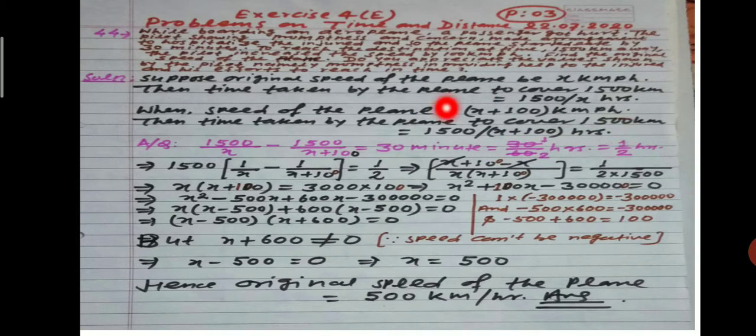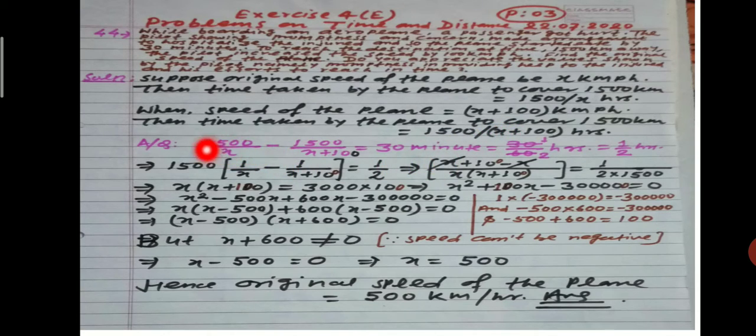Now this time, 1500 upon x plus 100, is 30 minutes less than the time 1500 upon x. That means the difference between this time and this time is equal to 30 minutes.